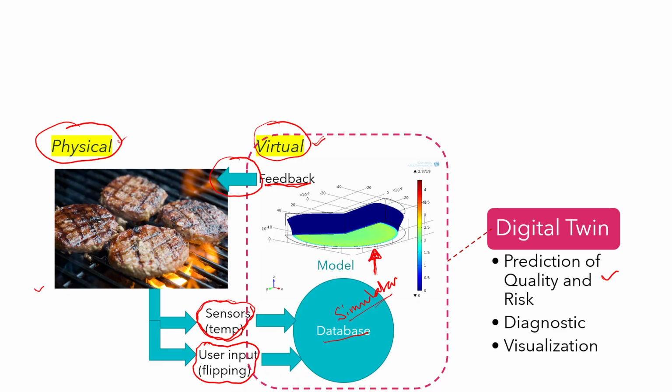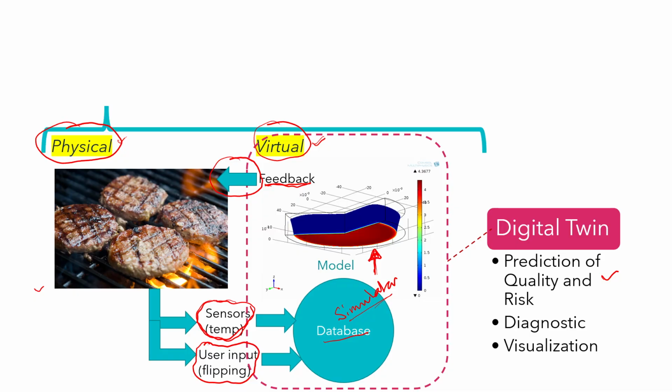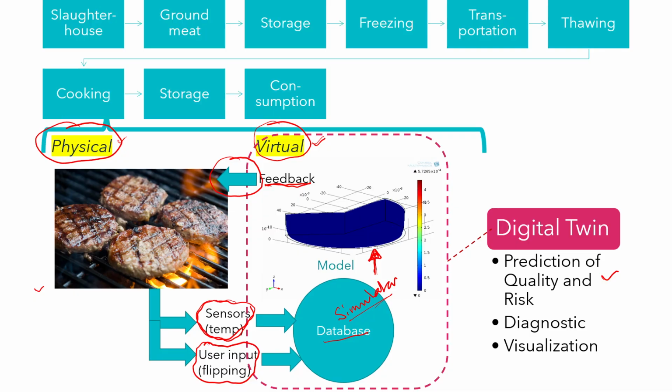Okay, so I want you to see, this is one scale. You can actually go to multiple scales. What do I mean by that? This part is only for cooking.